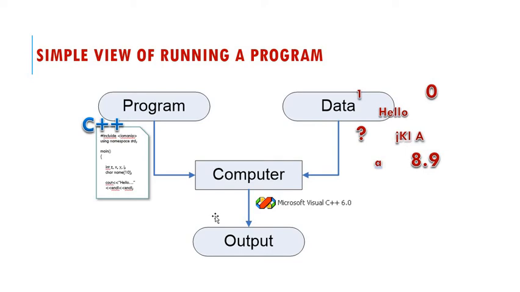Keyboard is one example of an input device. Then the computer, through software, will run or execute the program, and the output will be shown on your computer screen. So the computer screen is one of the output devices.